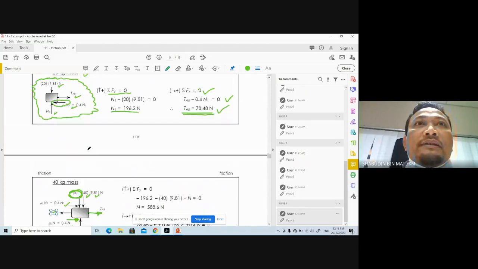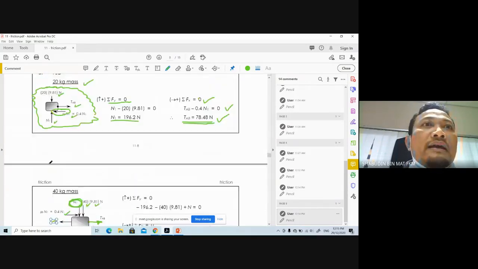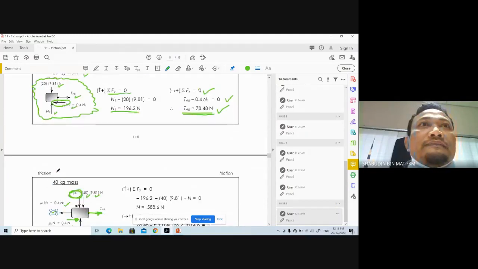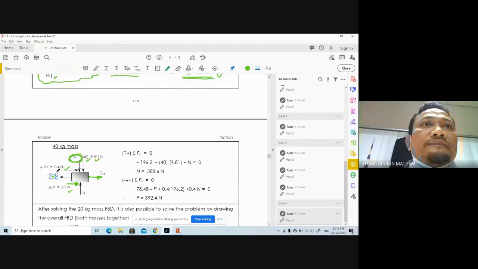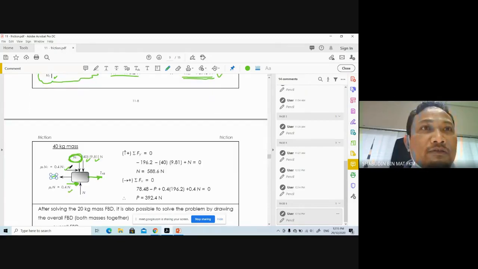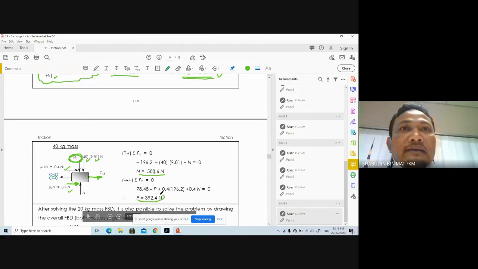You know N1 already, but this time the friction coefficient in between is 0.4, because that friction force also acts on this surface also. So you do the analysis and get that force P is 392 Newton.